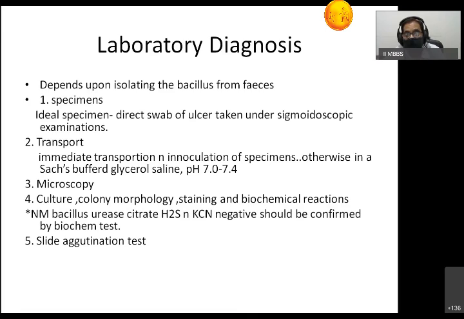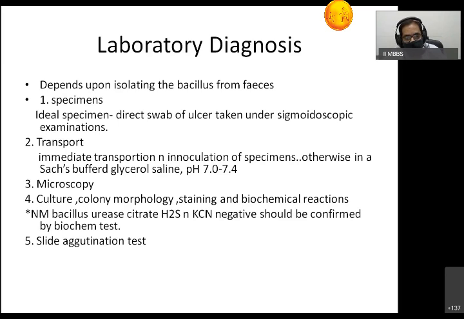Otherwise, samples can be transported in buffered glycerol saline, pH 7 to 7.4. On microscopy, note the findings: plenty of RBCs, 50 plus, pus cells, macrophages, and non-motile bacilli can be seen. Then do the culture.